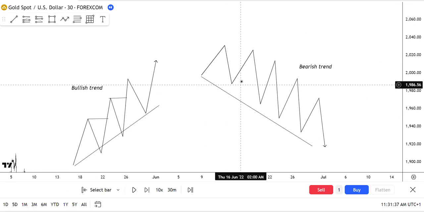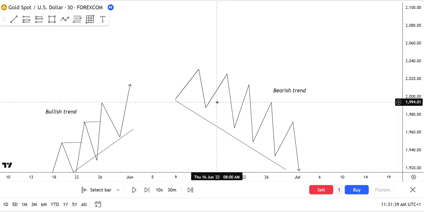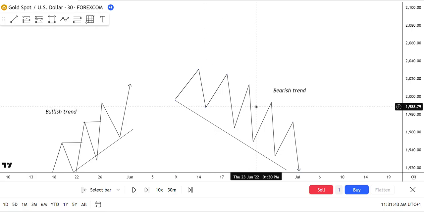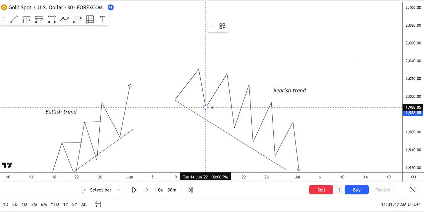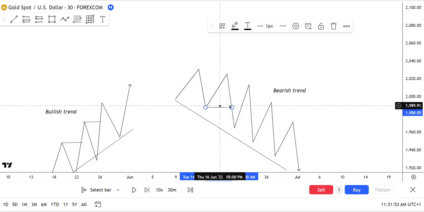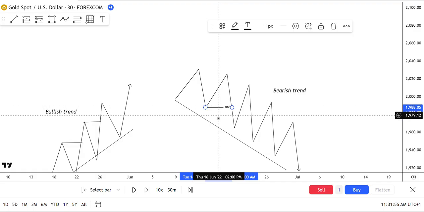Now, in a situation whereby we begin to have lows being taken, that is also called a break of structure, like this. This is a break of structure, otherwise known as BOS.